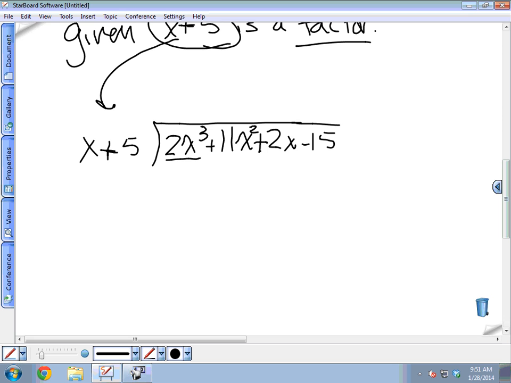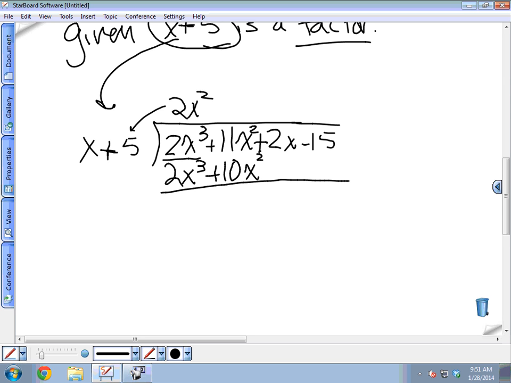So x times what gives me 2x cubed? 2x squared. Gives me the 2x cubed, okay? And now multiply this by 5, I get 10x squared. Okay? Subtracting that out, I get 1x squared plus 2x minus 15.